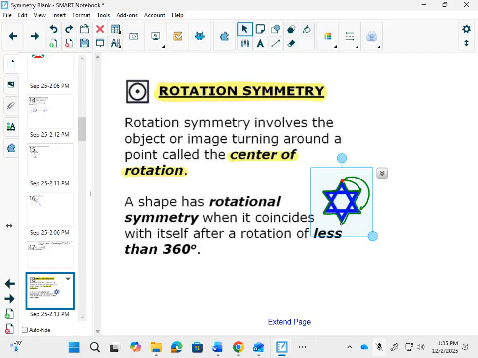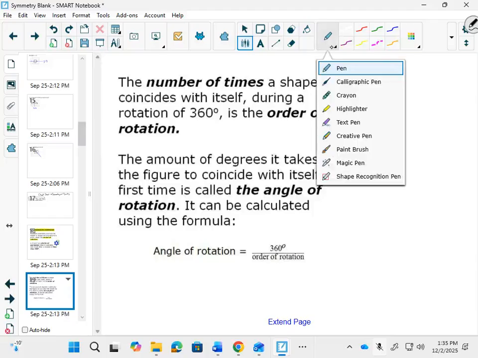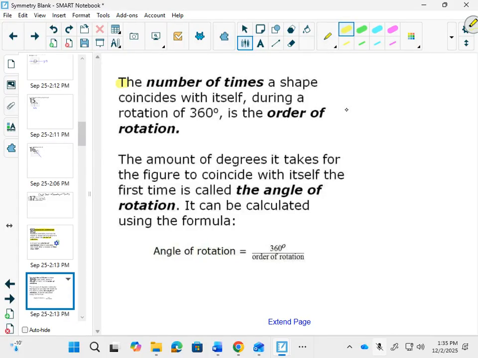So this one has rotational symmetry. We're going to talk about what the order of rotation is and what the angle of rotation is. And this is what makes it a little bit more mathy than the last one. Okay, so first thing to highlight here: the number of times a shape coincides with itself is the order.